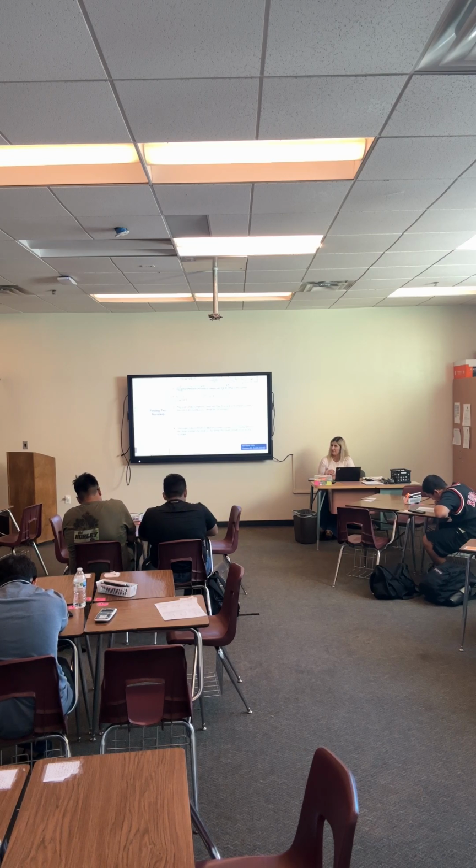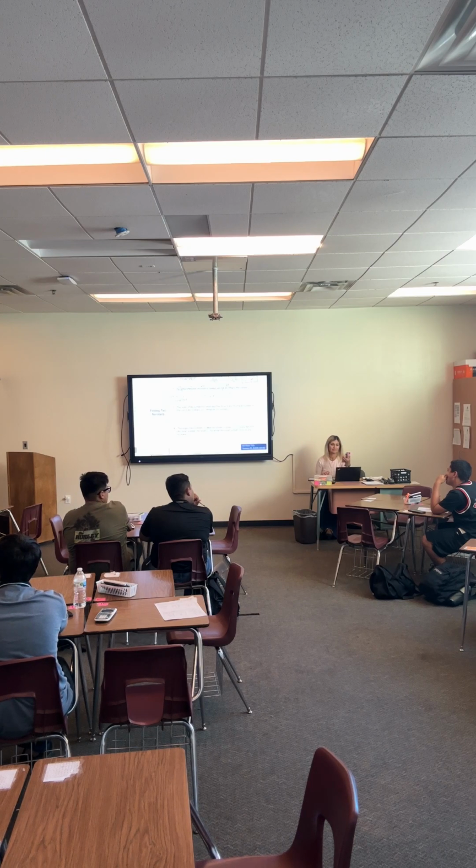Once we have the equation set up, we can start solving it. So the first step will be to do what? I'm going to spin the wheel one more time. We have Edie's. Okay.